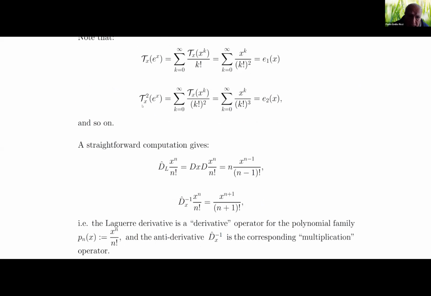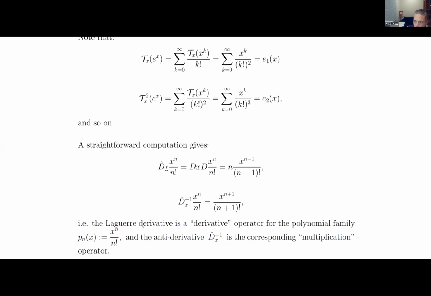And if you iterate this operation, we find the second and so on. This type of computation gives that if you apply the Laguerre-type derivative to this power, you find this power multiplied by n, and the exponential is raised to the power n minus 1. And so if you apply the antiderivative, you find this equation.